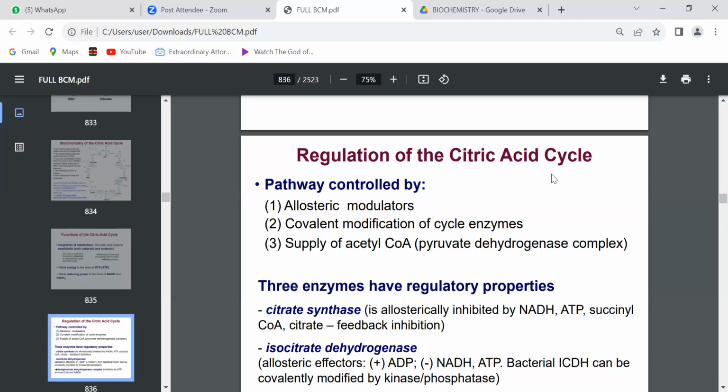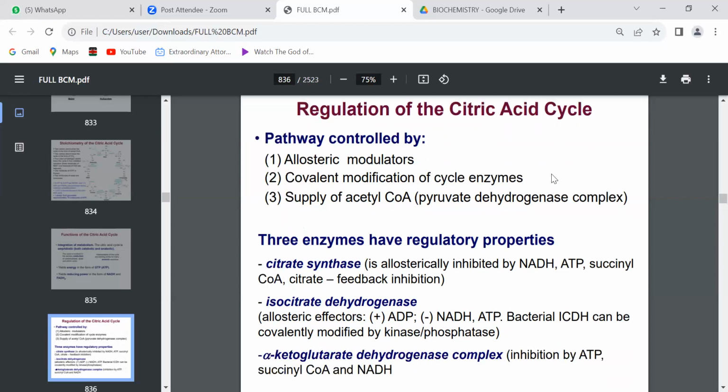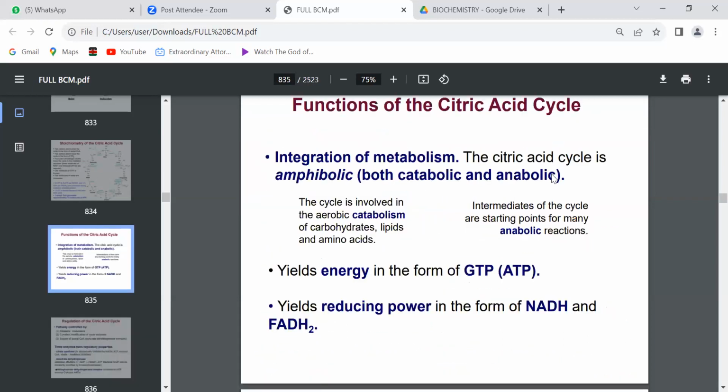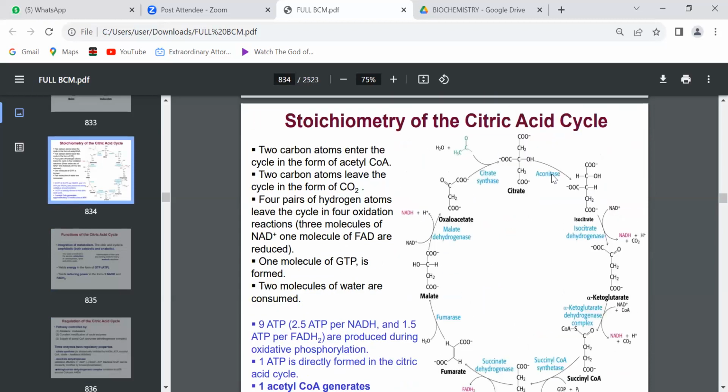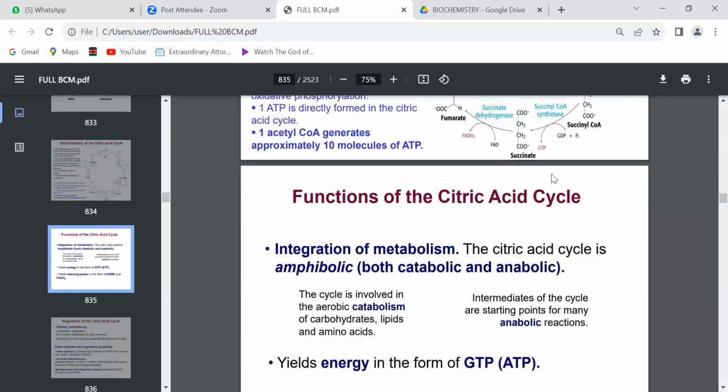For example, citrate synthase is inhibited by citrate. If citrate accumulates, it will inhibit citrate synthase through feedback, and the whole cycle will stop or slow down until more of that product is consumed, so that the inhibition stops.